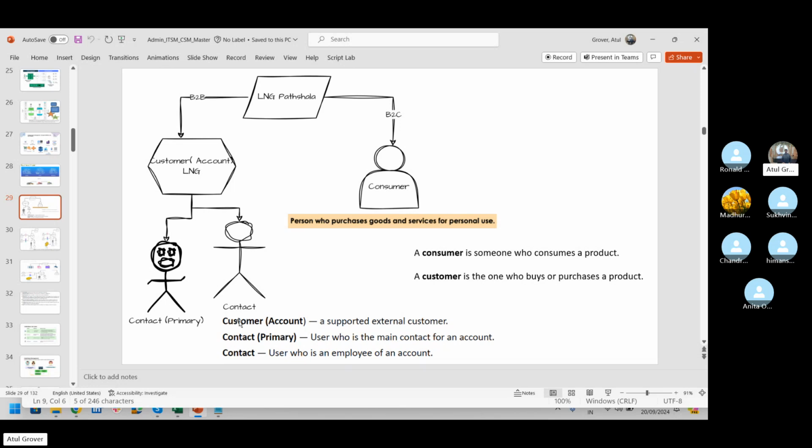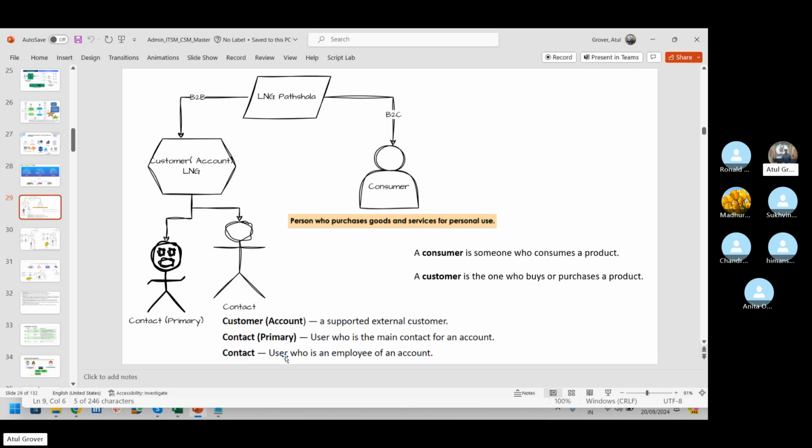So what this says: the customer, which we call an account, is a supported external customer. For LNG Pathshala, you are external here. Contact is the user who is the main contact of the account. In case of changes, emergencies, problems, policies, updates, cancellation, extension, expiration, everything needs to be discussed with this primary contact.